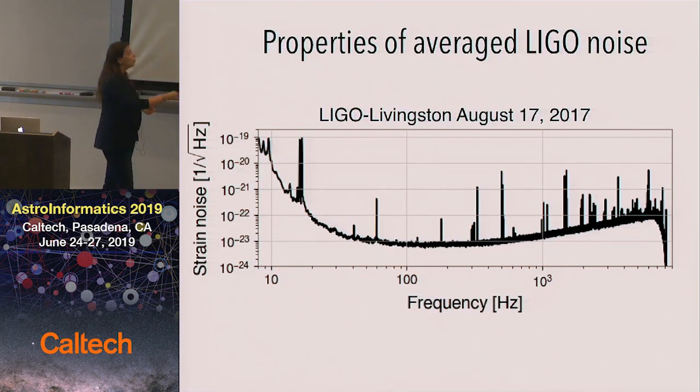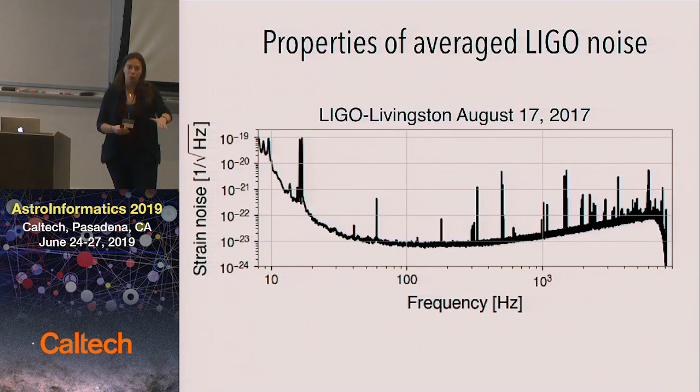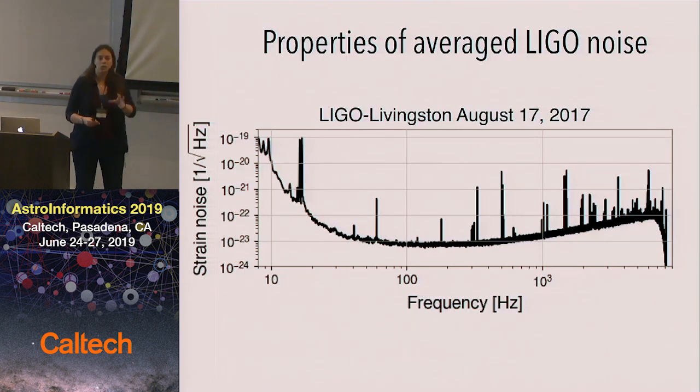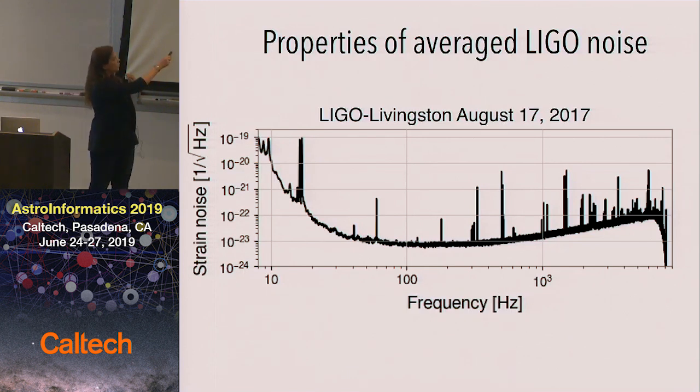We are fully quantum limited above about 50 hertz by shot noise. This is this quantum photon noise. We're essentially counting photons, as that's the fundamental measurement that we're making to sense space-time strain, and that introduces the statistical fluctuations, quantum property of light. So this is what yields this basic shape.